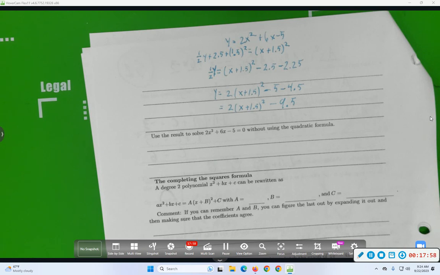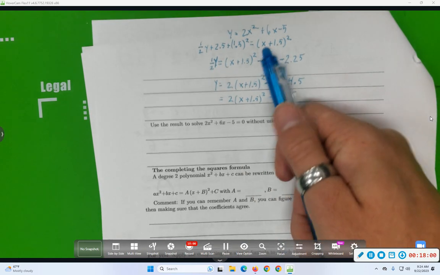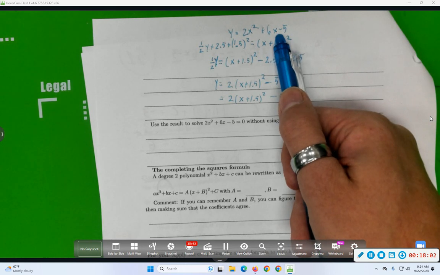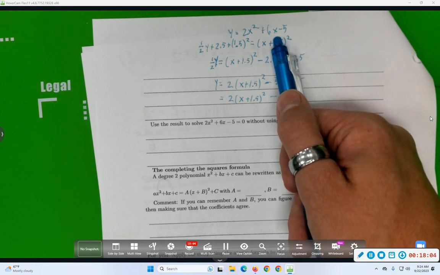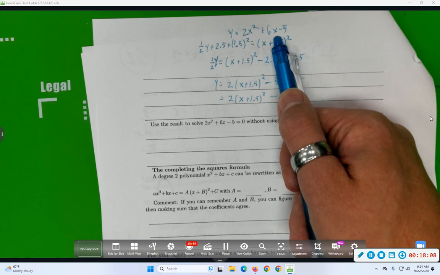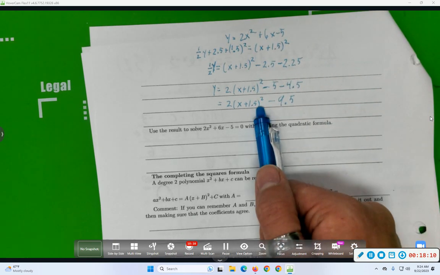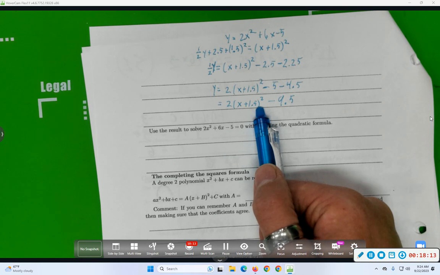Well, there are a handful of things. There's the thing I started with. Let's plug in x equals 0, because that's easy. What do you get if you plug x equals 0 into that? -5.